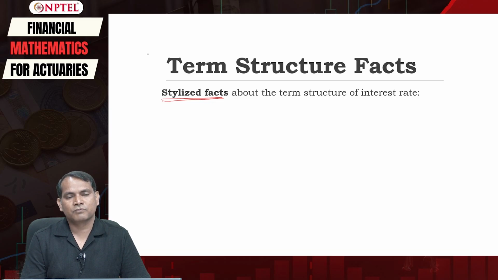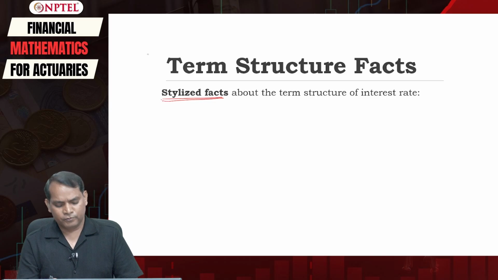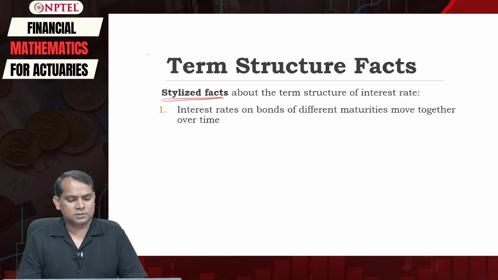Several previous studies have observed the yield curve and they show a typical pattern. So we will list them 1, 2 and 3. There are 3 stylized facts about the term structure.